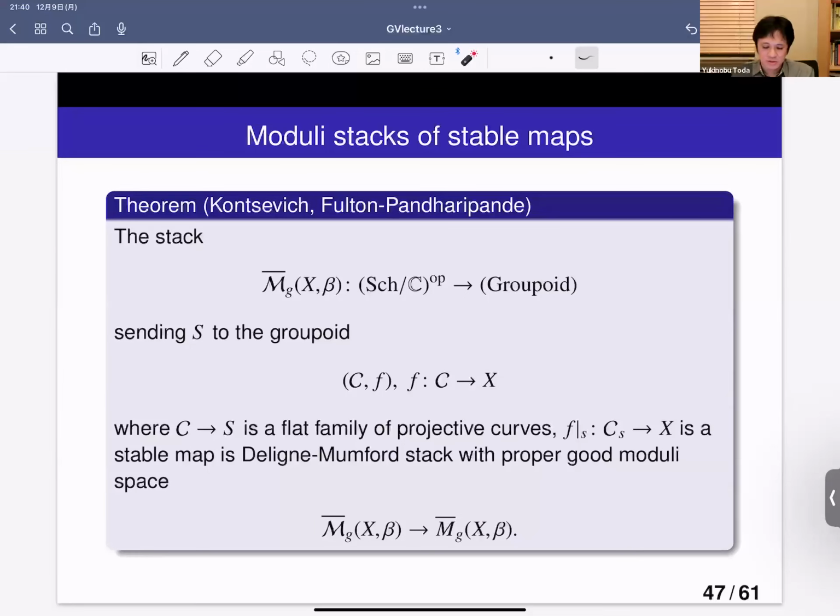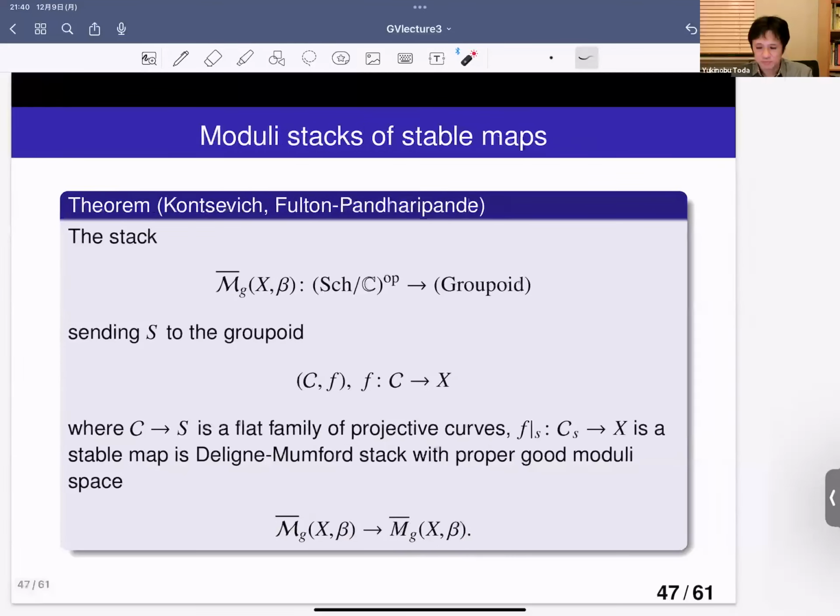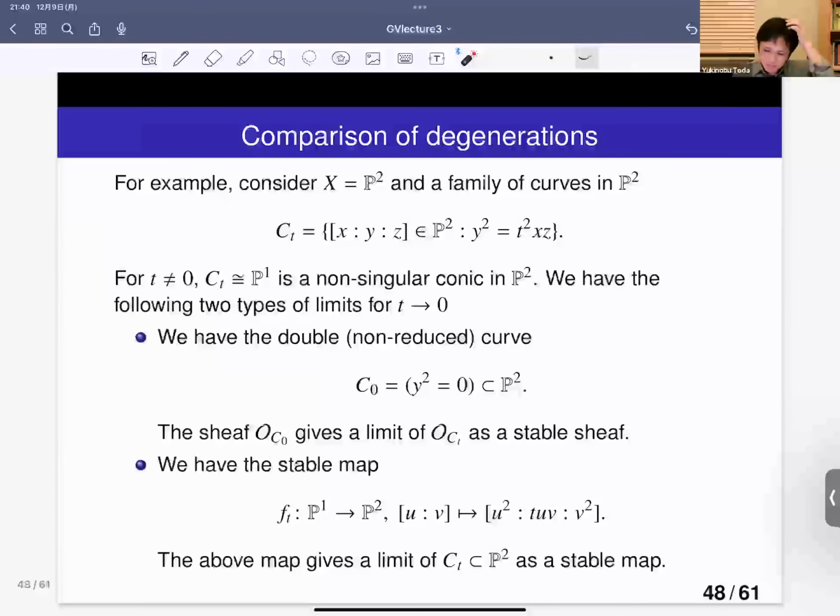And this one is used to define the Gromov-Witten invariant. So this is another part of enumerative geometry. Now we have two notions of moduli space of curves, that is, ideal sheaves and also the moduli space of stable maps.